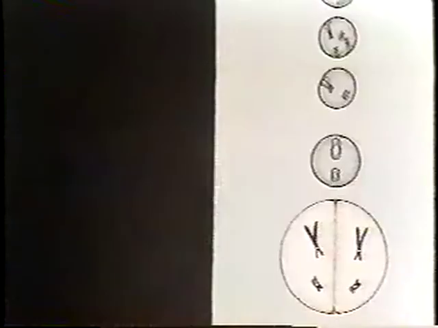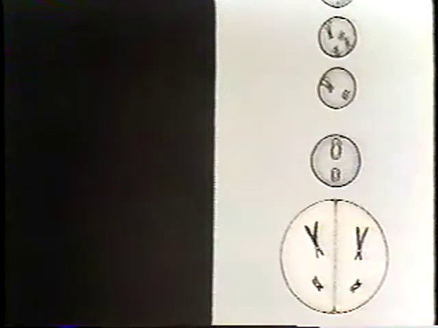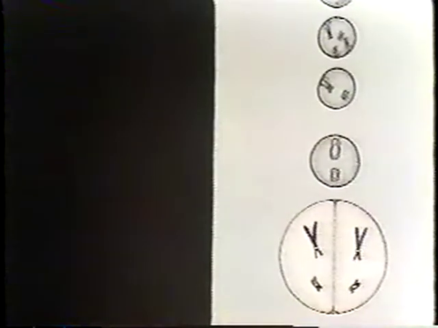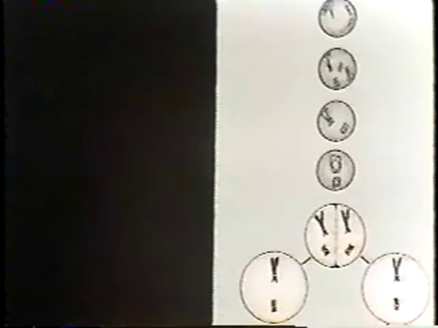In meiosis, the chromosome pairs separate after they have exchanged genetic information. Each chromosome contains 2 DNA molecules. After division, meiosis continues as the chromosomes migrate to the center of the cell.